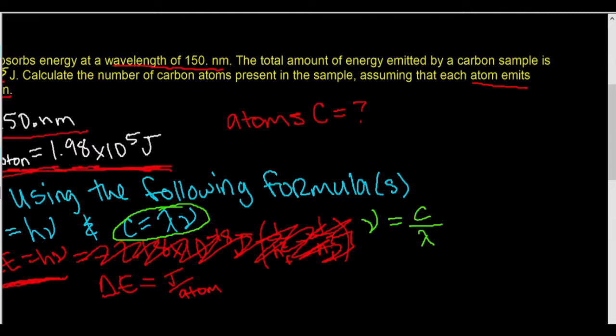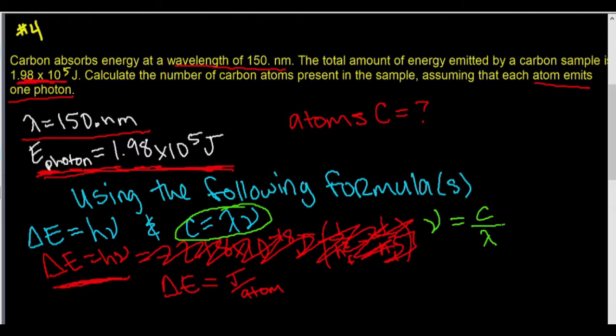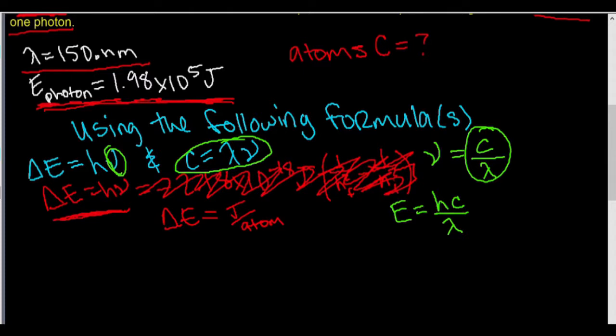Okay, so now we'll be able to plug nu equals the speed of light divided by lambda into here, and that will give us a new equation, and that's going to be E equals hc over lambda. All I did was take this right here and replace it with this. And like I said, let's put the delta just to make sure everything's clear. This will end up giving us the joules per atom.